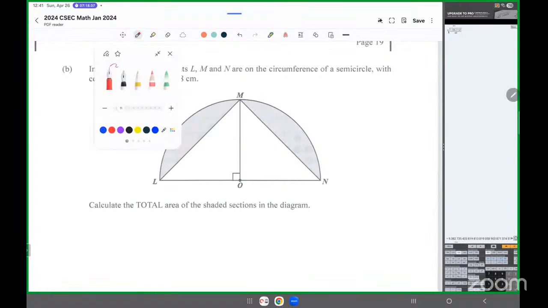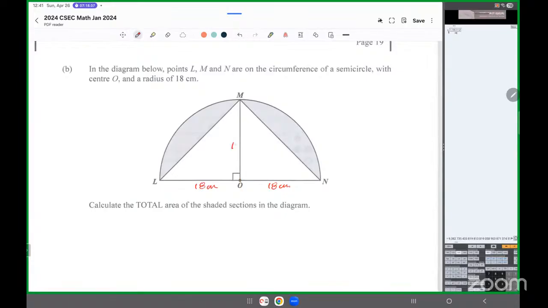Radius is 18 centimeters means that right here says 18, here 18, here also 18, this line is also 18. Anything from the center to the circumference is a radius. So these three lines are 18. It means that this base down here is 36, 2 times 18.